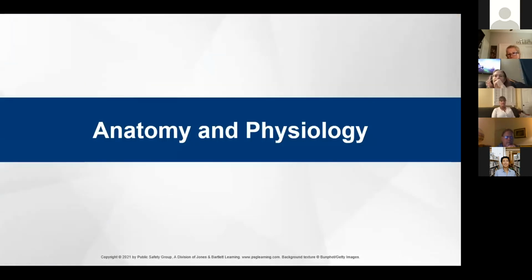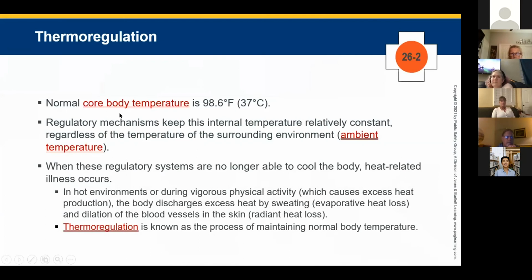Anatomy and physiology, which we all know by now, right? What is the normal body core temperature, would you say? I know you see it on the screen, so it's 98.6. So would you say 101 is a little bit hot? Too hot. Okay, so if your body is too hot, how do you think you feel? Flushed and dizzy and drained.